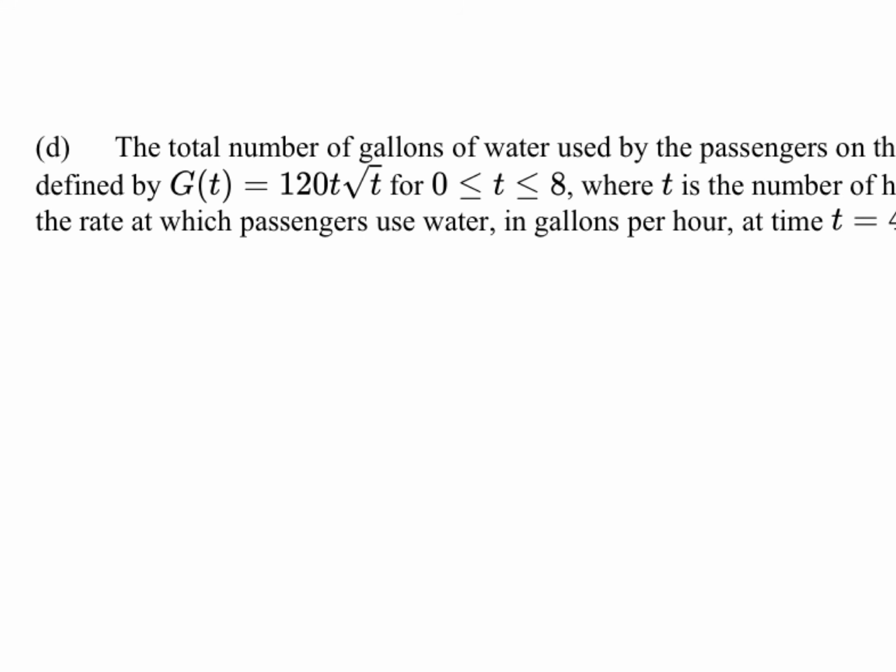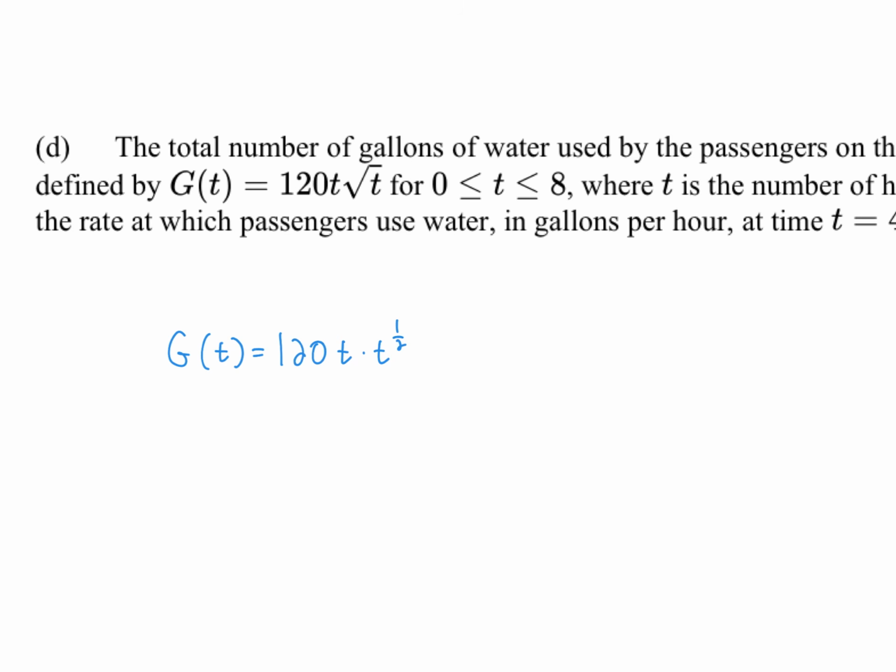First, get in the habit of this: every time you see a root, any kind of root, you're always changing that to a fractional exponent. So we'll do that first. Every time.